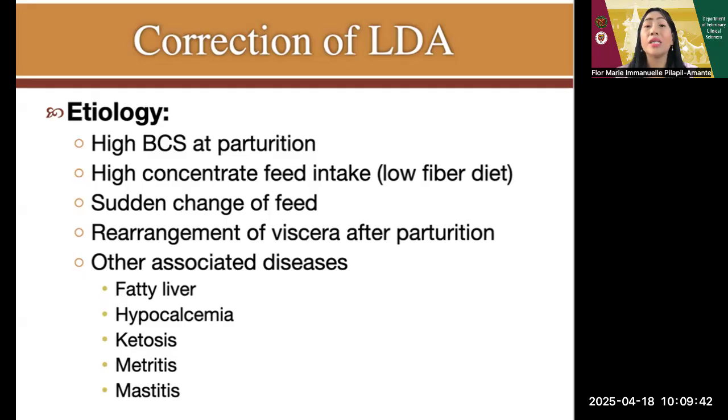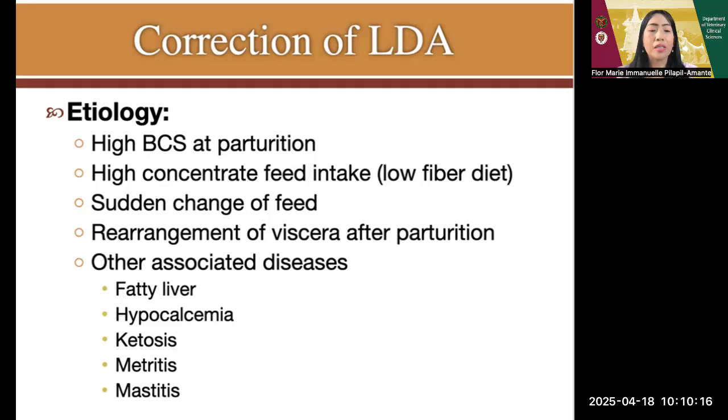Although a colleague who worked in the Middle East region shared with me that since they are a rich country, they have access to high concentrate feed allocation and really low fiber allocation. So they are feeding the ruminants there, the cattle there, as much as 100% concentrates. That's why on a daily basis, they really have cases of left displaced abomasums.